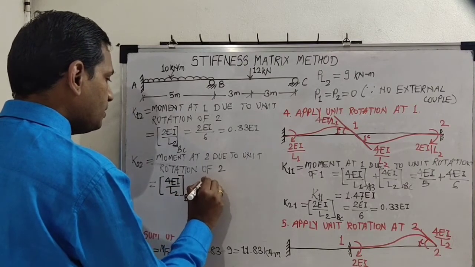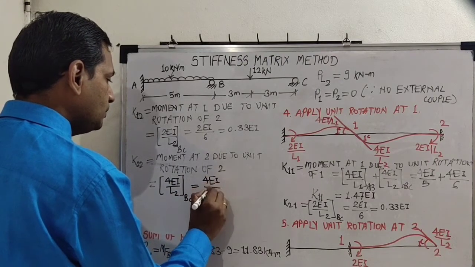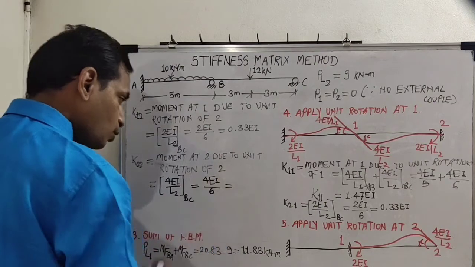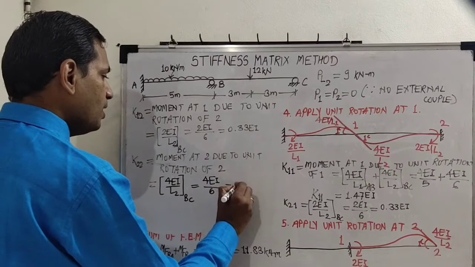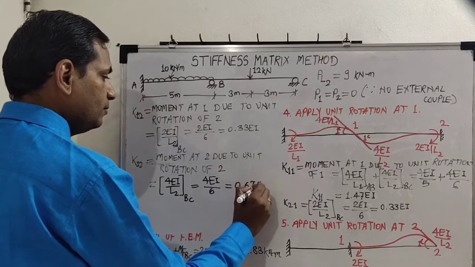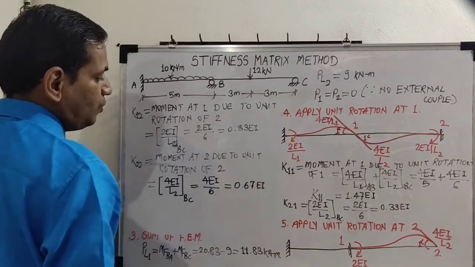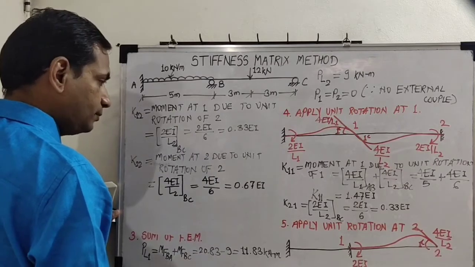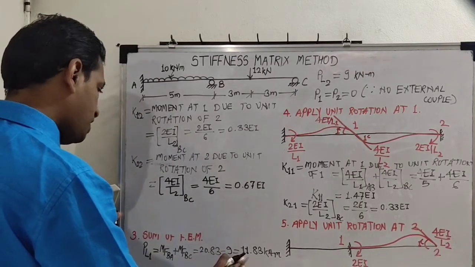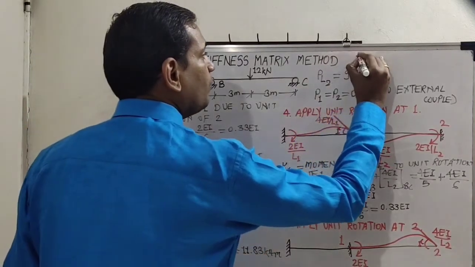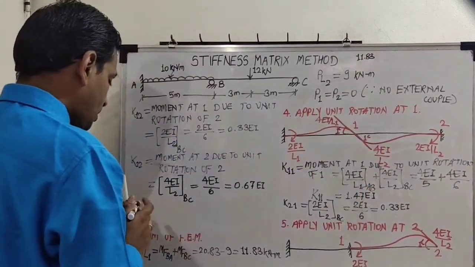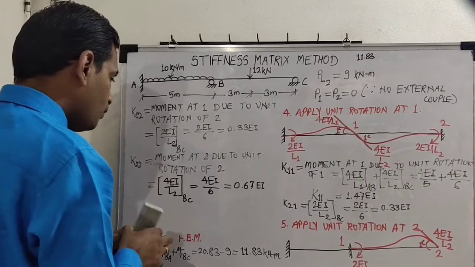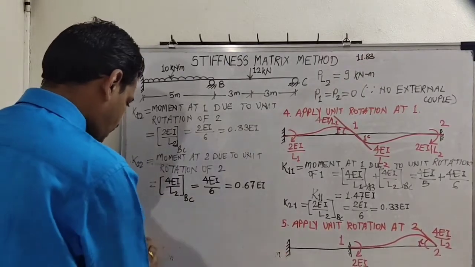So 4EI by 6, which is 2 by 3. Correct? So 2 by 3 is 0.67EI. Yes, so all these values we have got. I'll just note down this PL1 value here, 11.83. It is PL1.